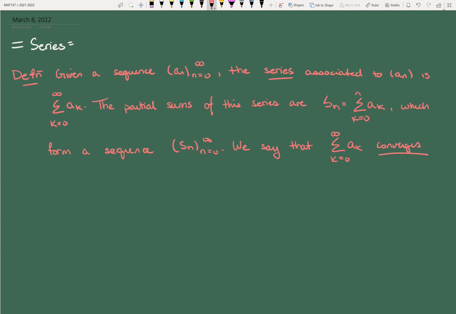So now we say it converges if this limit exists, in which case we say that's the value of the series. And maybe let me write this like this, just so that we can see the analogy between this and improper integrals.